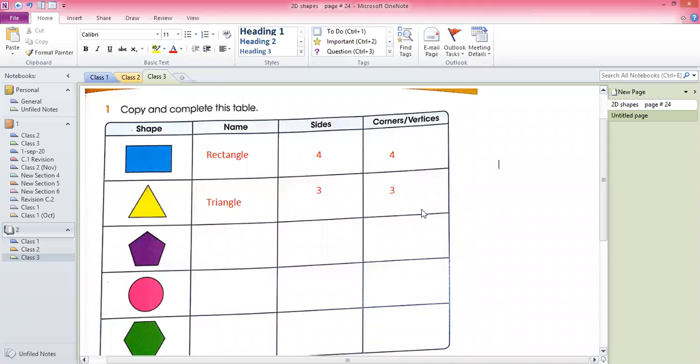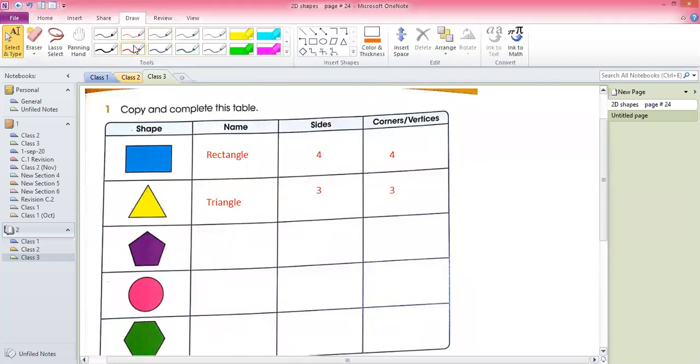Let me ask all of you, can you identify this shape, guys? Which shape is that? This purple one. Pentagon. Hexagon. I'm asking for the third shape. This one. Okay. Tell me about this shape. Which shape is that?